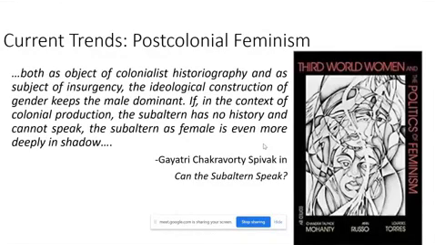Now, there was a debate in colonial India where, on the one hand, there were the reformers, the upper caste Hindu men who wanted to put an end to this regressive and violent practice. And they were urging the colonial government to intervene, to step in, and pass a legislation against this practice.